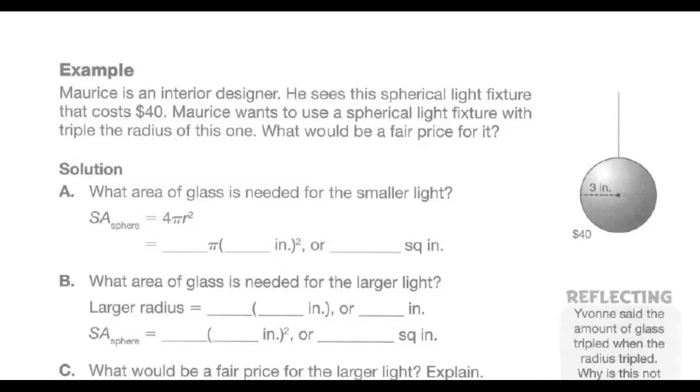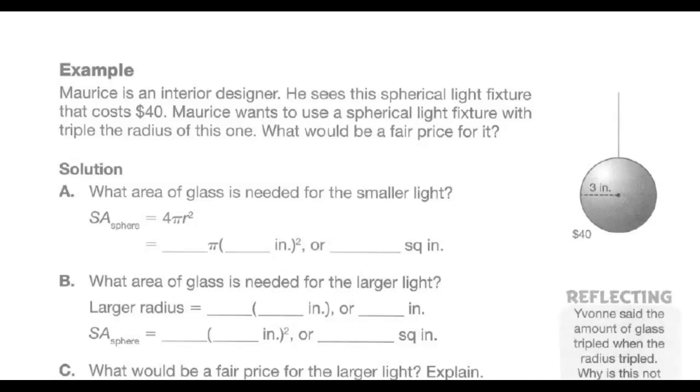Then really, you want to think about how much more surface area it requires, and if you're basing the cost on how much surface area, then you would want to change the price accordingly.